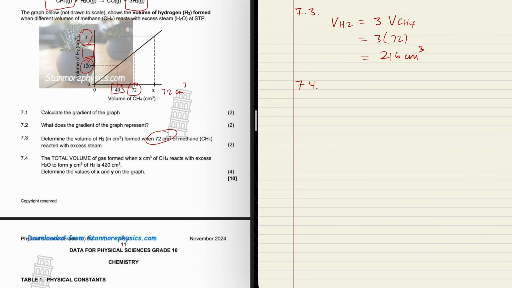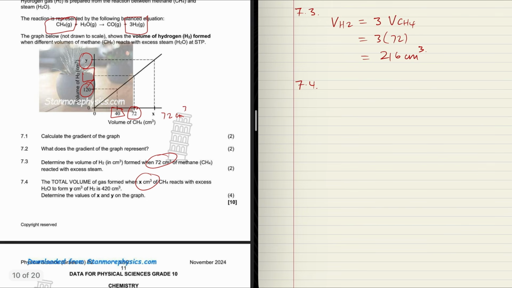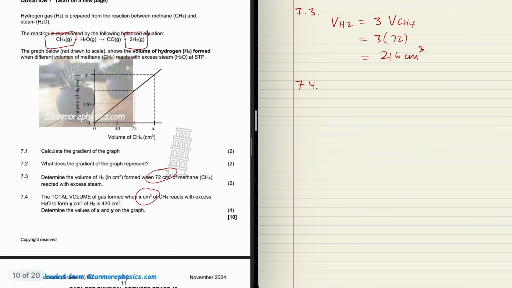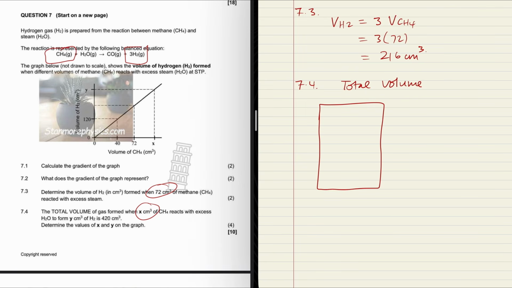Question 7.4, the total volume of gas formed when x cm cubed of CH4 reacts with excess H2O to form y cm cubed of H2 is 420 cm cubed. So total volume 420 cm cubed. Determine the values of x and y on the graph. Okay, so the total volume that I have is going to be 420 cm cubed, right?